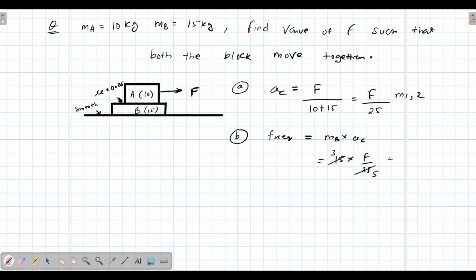So this is 3F divided by 5. So the required friction equals 3F by 5 Newton.